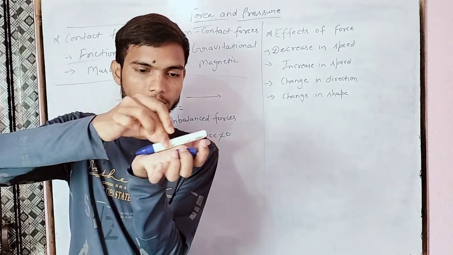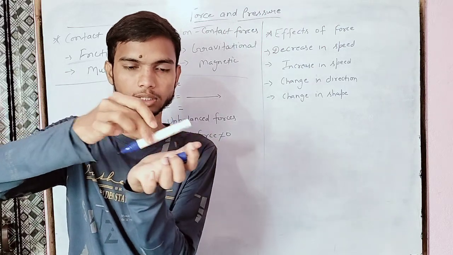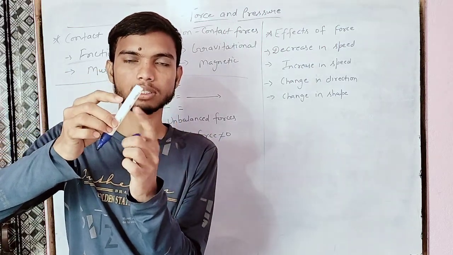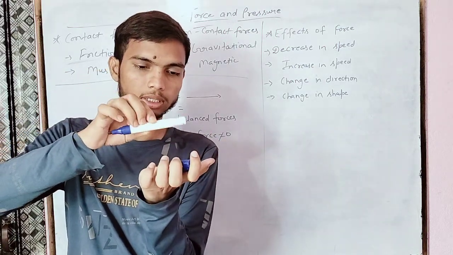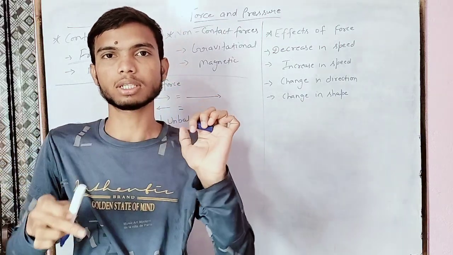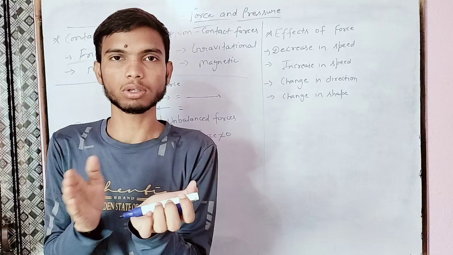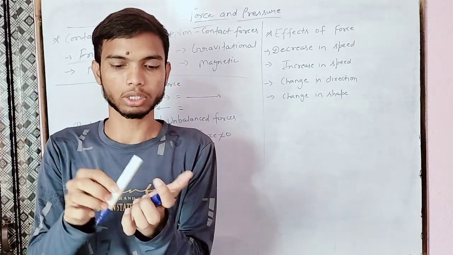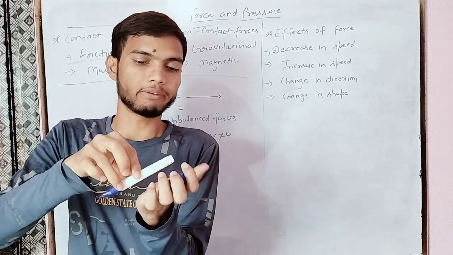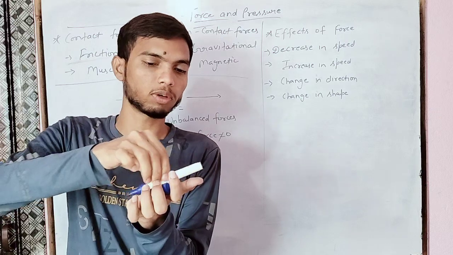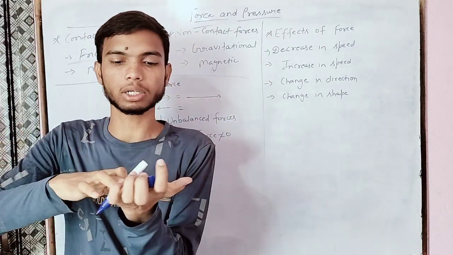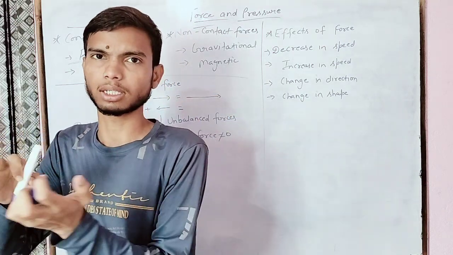So this is surface touching. The surface of this object is touching the surface of this hand, and the directions of both will be opposite.